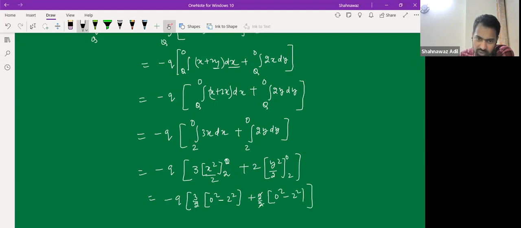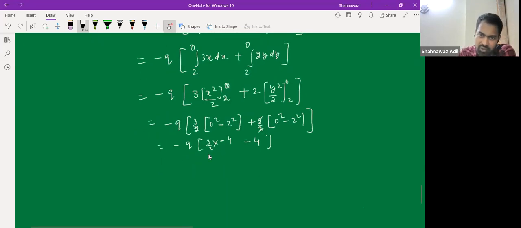So this would be how much? This 2 cancels, minus q, 3 by 2 into minus 4. And this is how much? Minus of 4. So this cancels, and we have minus q, minus 6, minus 4, so minus 10.